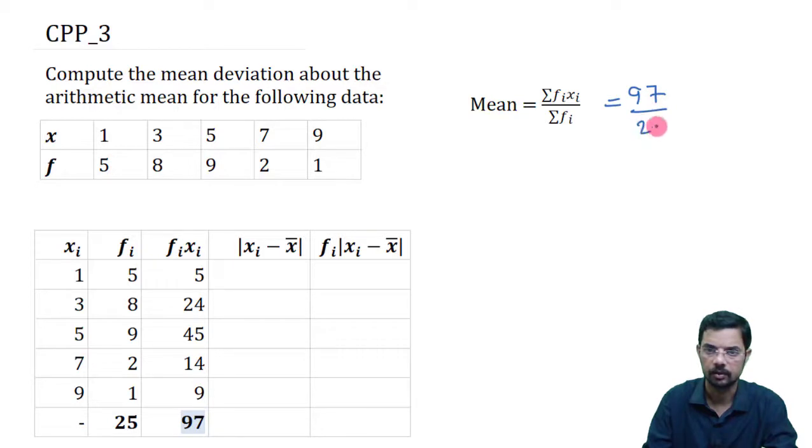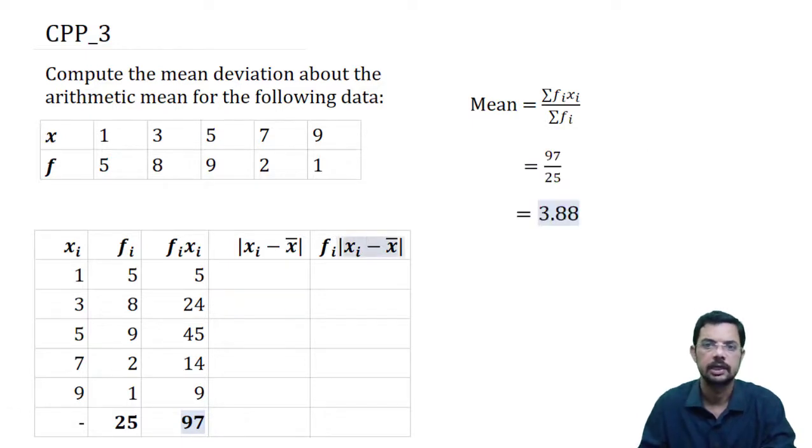When you divide this, multiply by 4 in the numerator and denominator and put 2 decimals on the left, and you get the solution. That is, 97 divided by 25 becomes 3.88. That is the value of the mean.